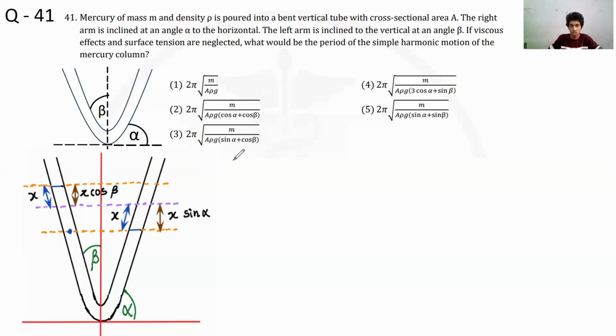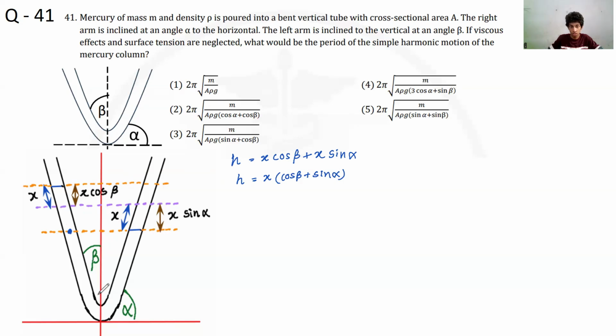If we take the total perpendicular distance between the liquid levels as h, that will be equal to x cos beta plus x sine alpha, which is x into (cos beta plus sine alpha). So that is the total perpendicular difference between the liquid levels.